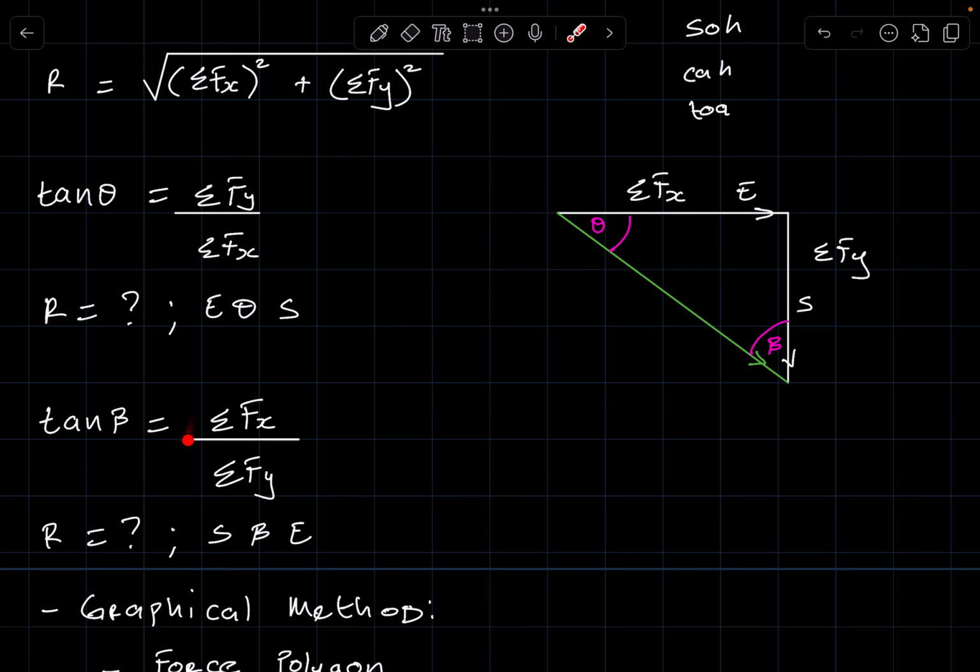That is how this formula comes about. So to calculate the angle that is referenced from the y-axis, tan of that angle is equal to the x component divided by the y component, essentially the vice versa of this.